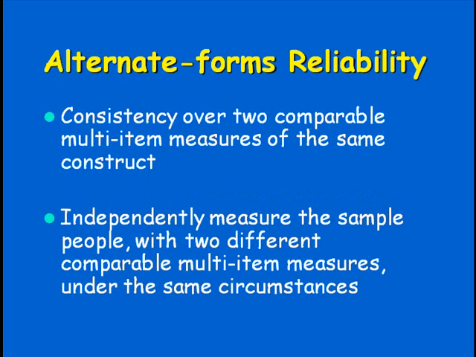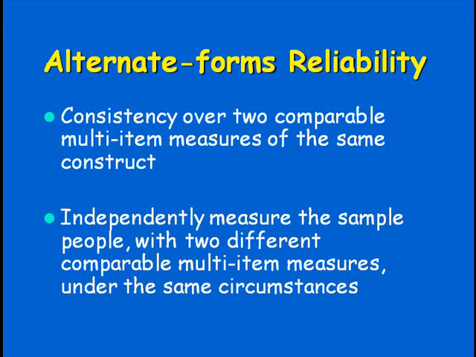Alternative forms. This talks about consistency over two comparable multi-item measures of the same construct, okay? Where you independently measure the sample, that should be the same people, with two different comparable multi-item measures under the same circumstances.